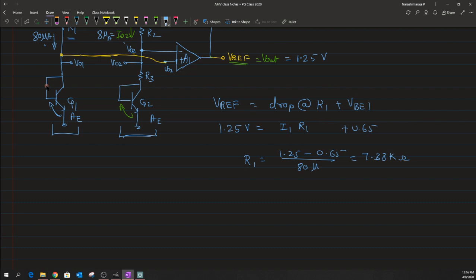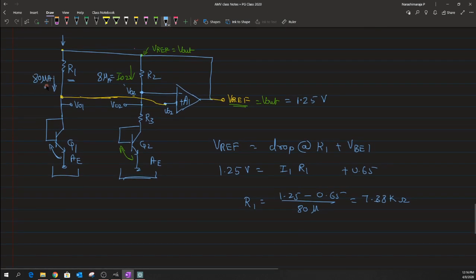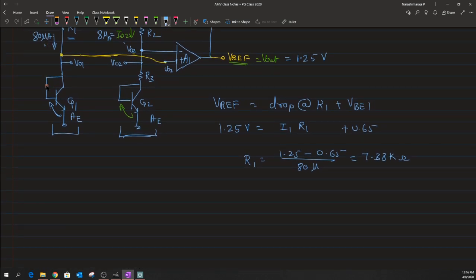Yeah. So now that we have this particular value for the resistance R1, let us try to evaluate the resistor value of R2. Now we know that whenever we use an op amp in negative feedback, it will ensure that the value of VO1 is exactly equal to VO2, and VO1 is nothing but V reference minus the drop across the resistor R1, and that's supposed to be exactly equal to our VO2.